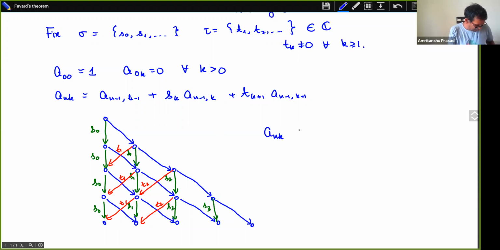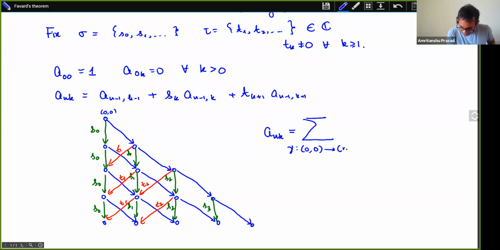So a(n,k) is, another way of thinking about it is in terms of paths. So it's a sum over all paths gamma from the vertex 0,0 to the vertex (n,k).